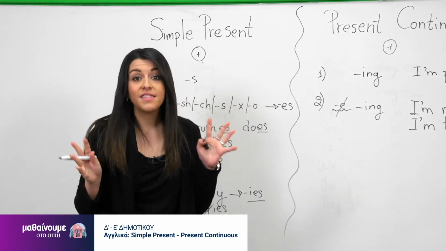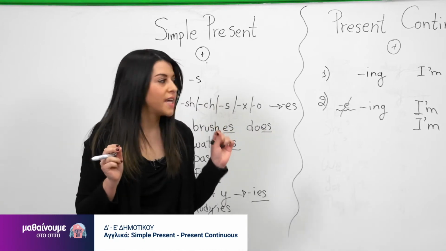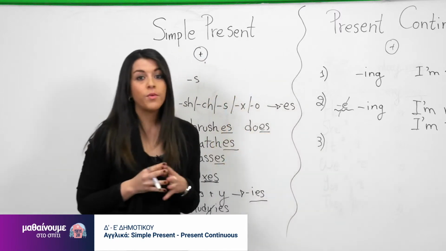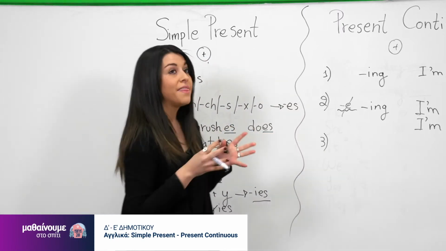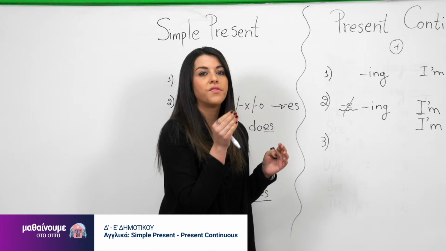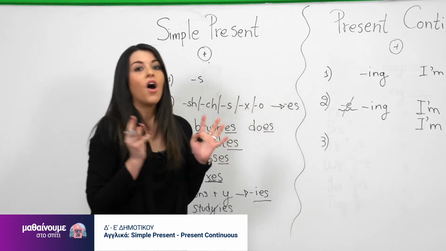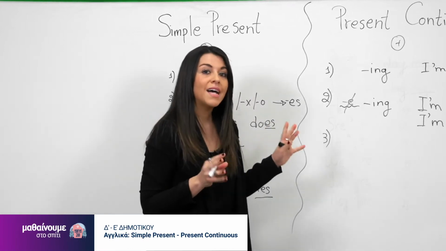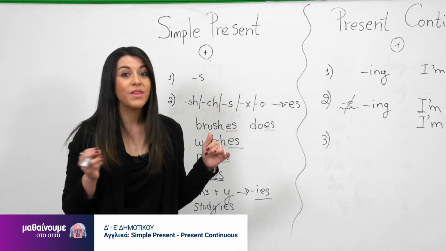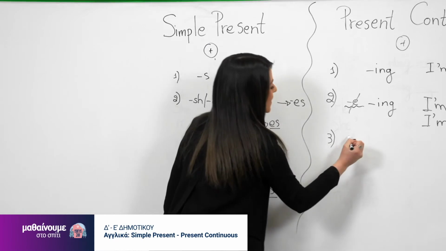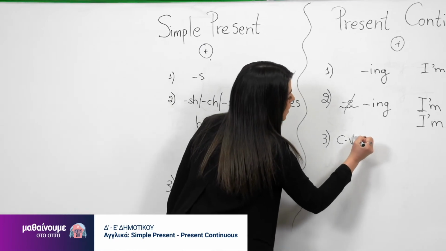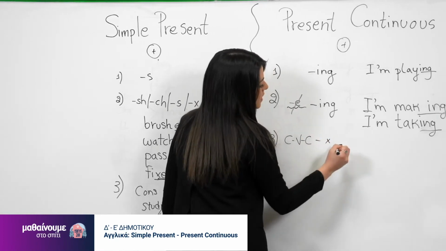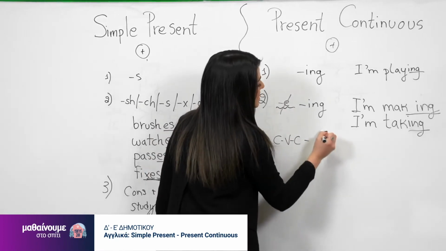Now, this is the most difficult one, but if you understand it, if you listen carefully, it's not that difficult. Now, when we have a verb that ends in consonant, vowel, consonant, and it has to be stressed, we double the last letter. What did I say now? Let me explain again. So, when we have consonant, vowel, consonant, we double the last letter.